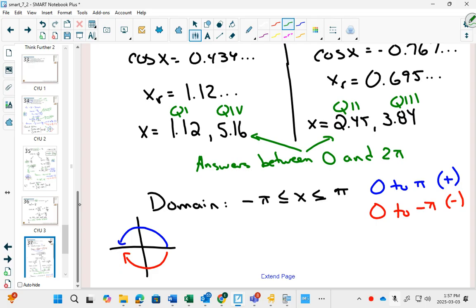Can you see quadrant 1 and quadrant 2 are going to be fine? Because we solved from 0 to 2 pi. So this one, we're going to write all of our answers down. The 1.12 and the 2.45 can stay. But we need to rewrite this one as a negative angle.